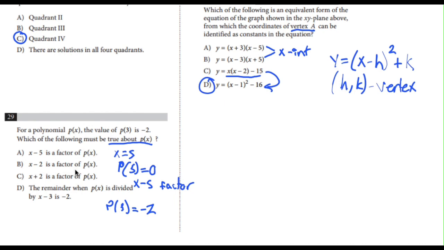They have not given us information about any of these other terms that'll tell us that it is a factor of p of x, because we're looking for p of that number equals 0. And we don't get that with any of those. The last answer choice is answer choice D. The remainder, when p of x is divided by x minus 3, is negative 2, and this is going to be the answer.